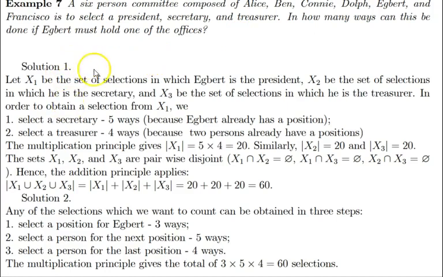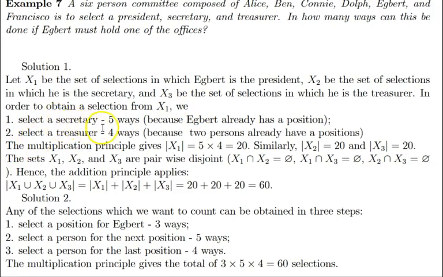Solution 1. So we can consider 2 different solutions. In solution 1, let x1 be the set of selections in which Egbert is the president, and x2 the set of selections in which he is the secretary, and x3 be the set of selections in which he is the treasurer. In order to obtain a selection from x1, we perform 2 steps.